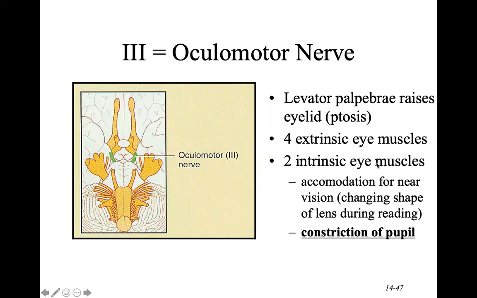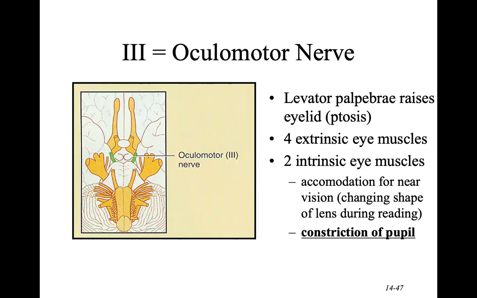The 2 intrinsic eye muscles are going to constrict the lens and the pupil to help you accommodate to read. Those 2 intrinsic eye muscles are going to change the shape of the lens to help you read, and then alter the shape of the lens to see something far distance.